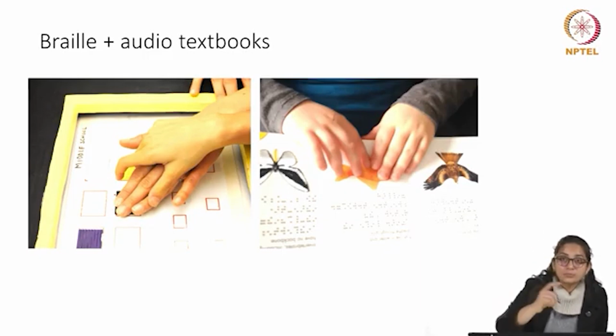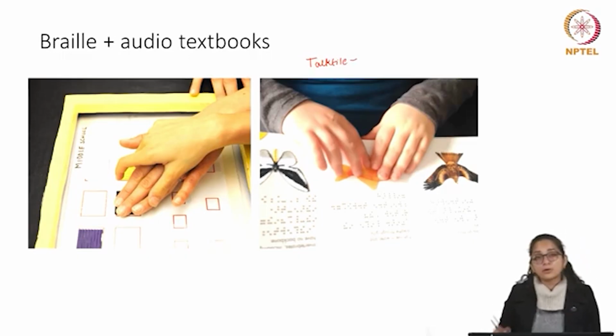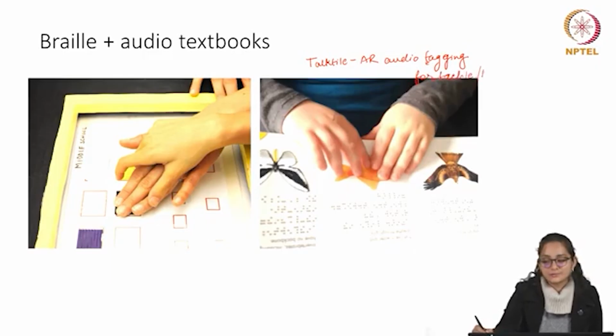Actually, there is a demo in an upcoming session which you can also see. It's of a project called Talk Tile, where we are using augmented reality audio tagging for tactile books and maps.